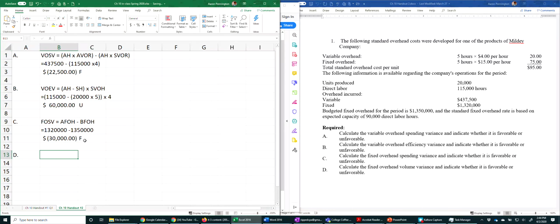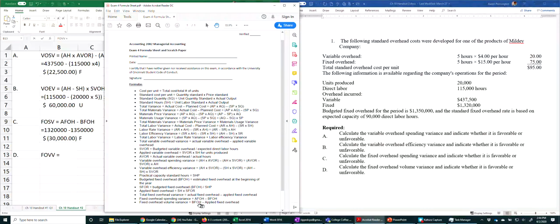D. Calculate the fixed overhead volume variance and indicate whether it is favorable or unfavorable. Back to the formula sheet. Budgeted fixed overhead minus applied fixed overhead.